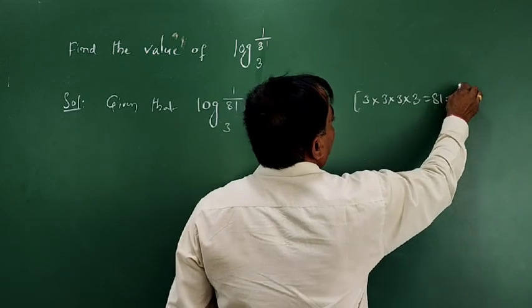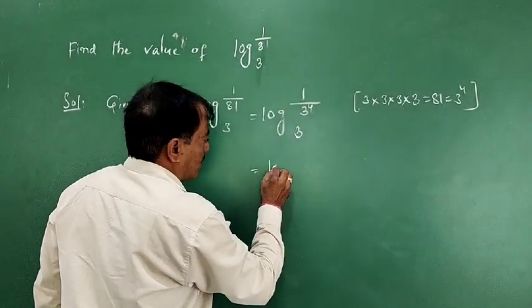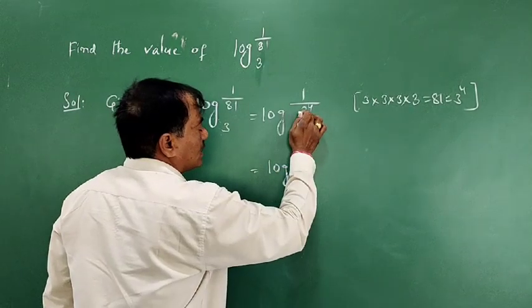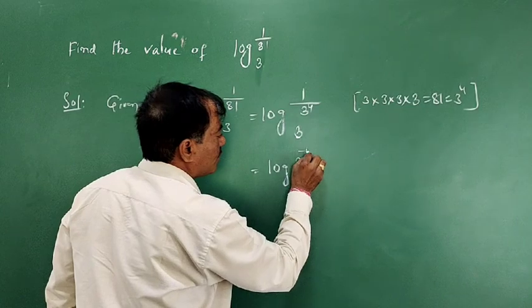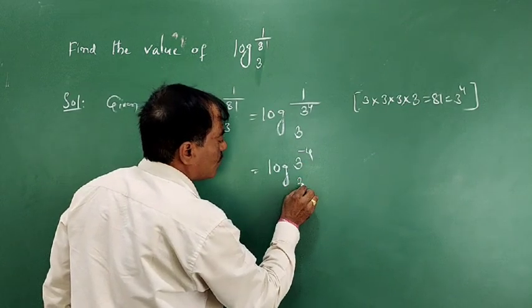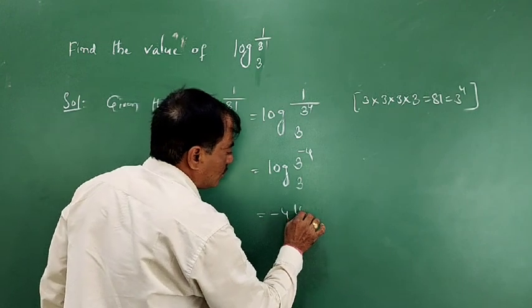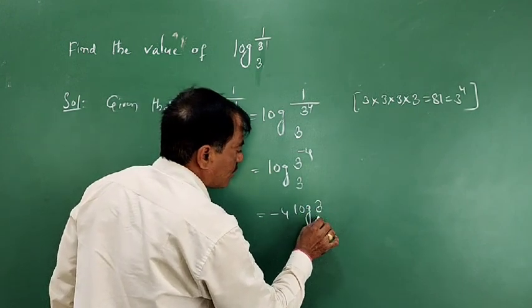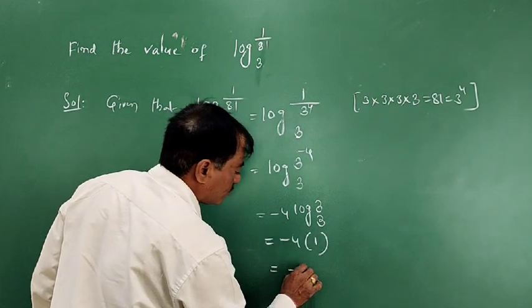So therefore 3 to the power of 4 to the base 3, and we shift this denominator into the numerator. So it becomes 3 to the power of minus 4 to the base 3. So this is equal to minus 4 log 3 to the base 3, and finally minus 4 of 1, this is equal to minus 4.